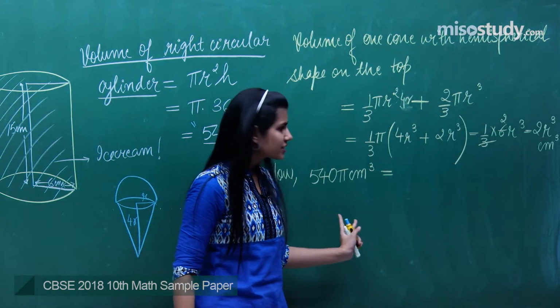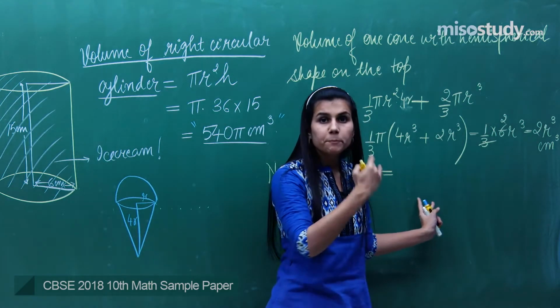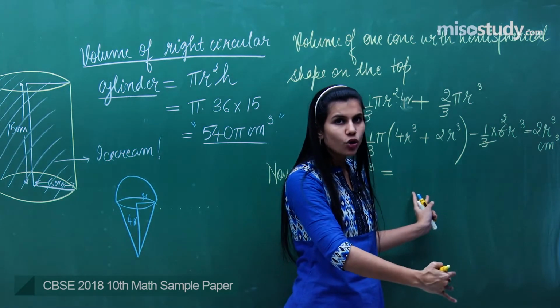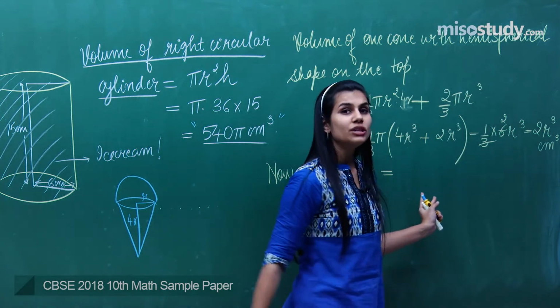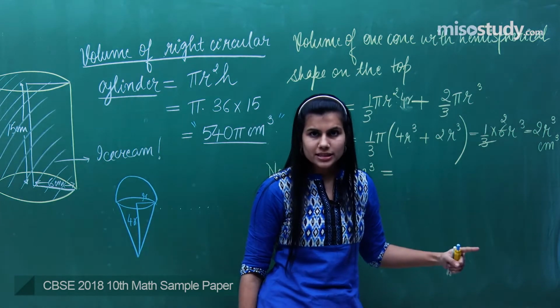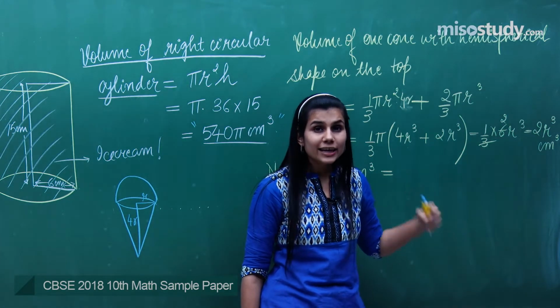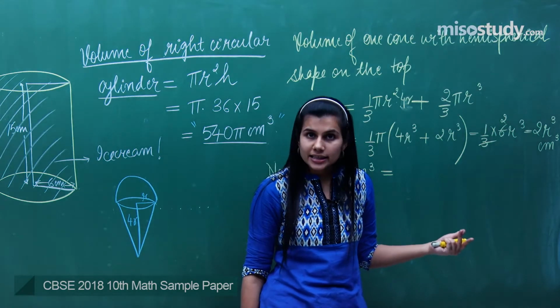This entire ice cream is equal to the ice cream contained in one cone plus the second cone plus the third cone, and so on till the 10th cone. But all these 10 cones are of equal sizes, so their volumes are exactly the same.